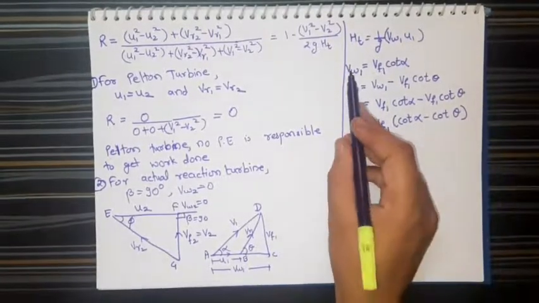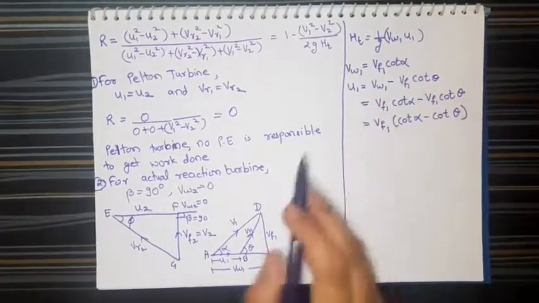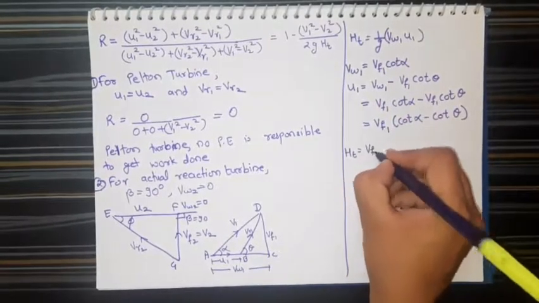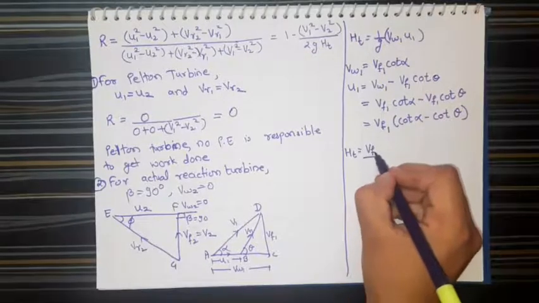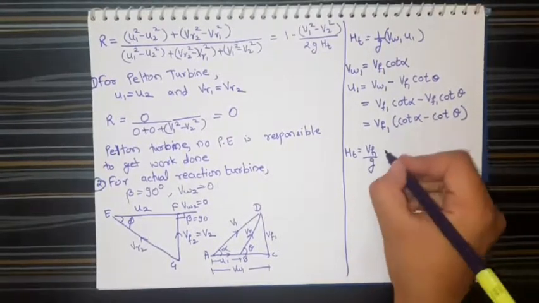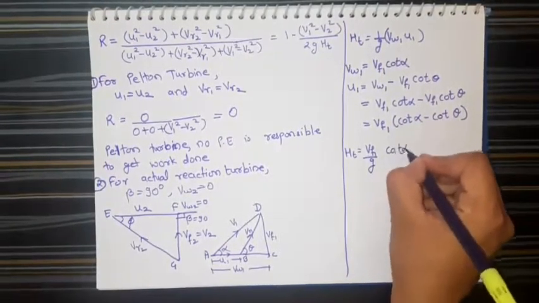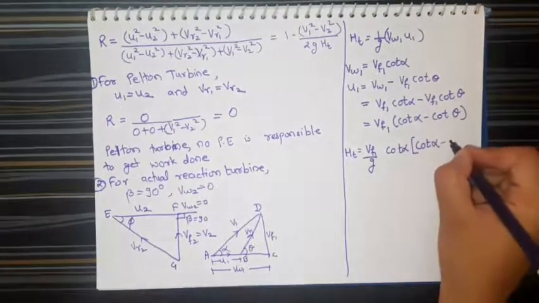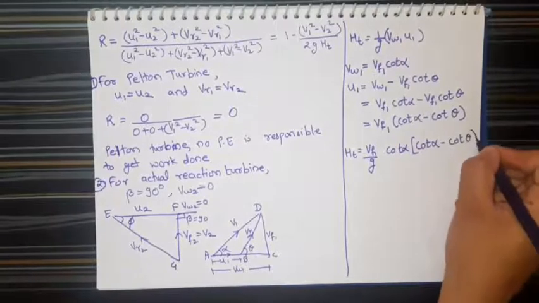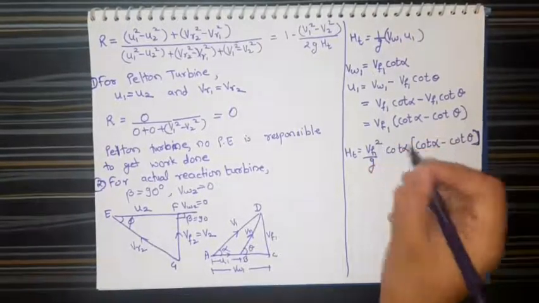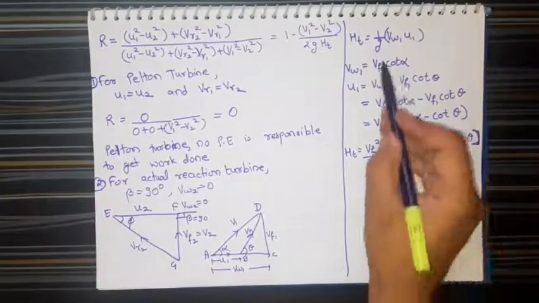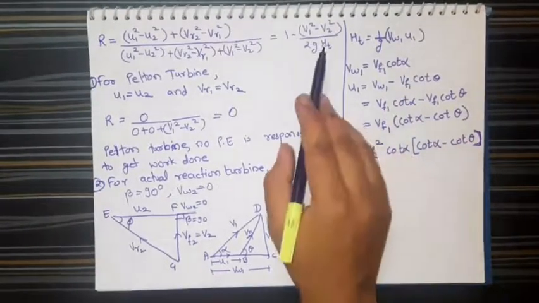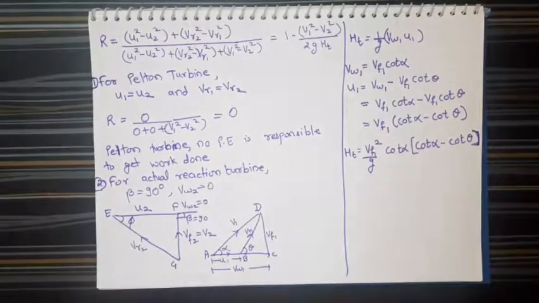If we put the value of VW1 and U1 over here, we will get HT is equal to VF1 upon G, cot of alpha in bracket cot of alpha minus cot of theta, VF1 square. Okay, this VF1 and this VF1. So this is how we will get the denominator of the degree of reaction.